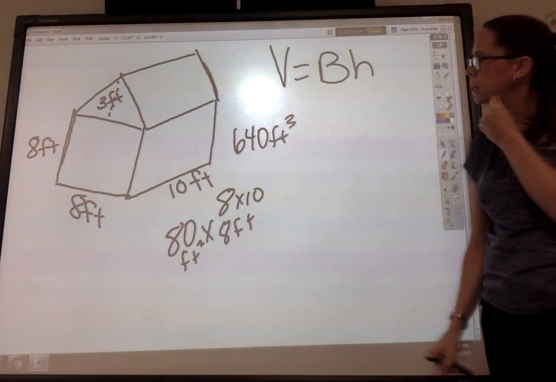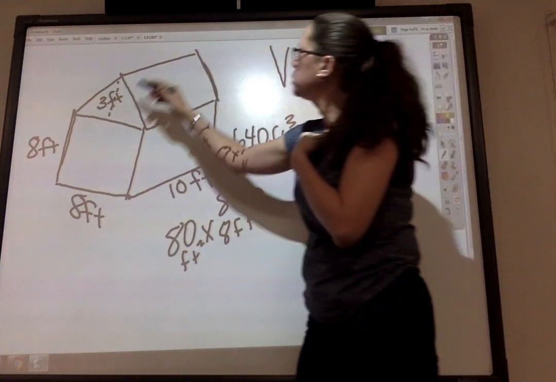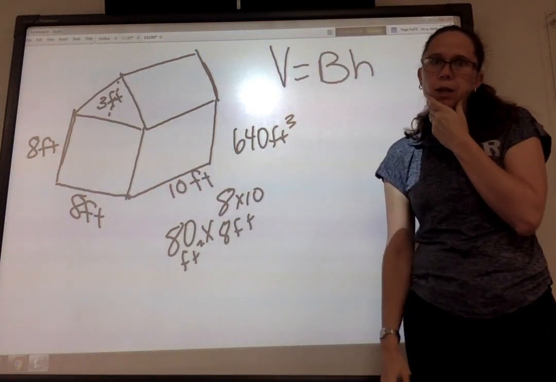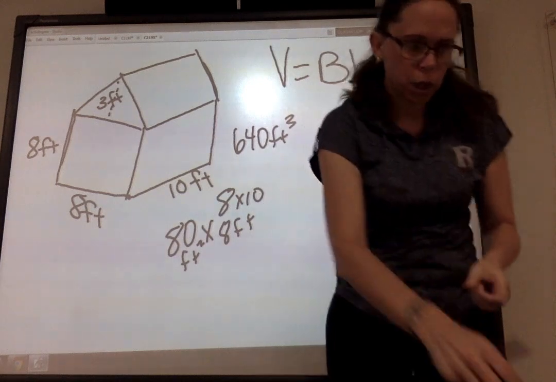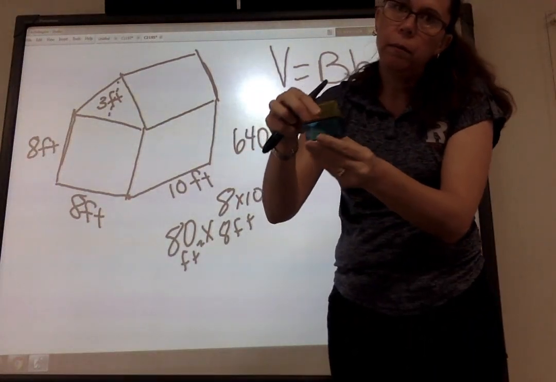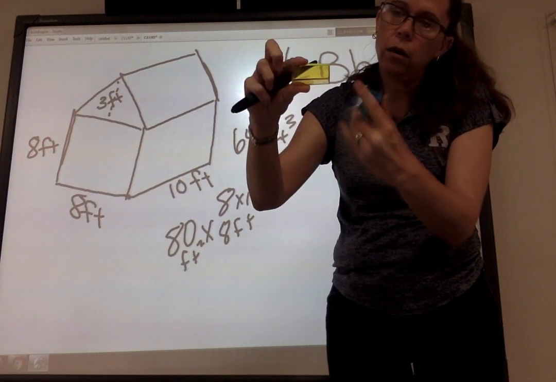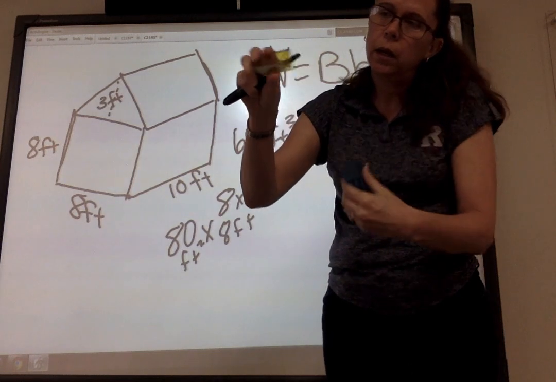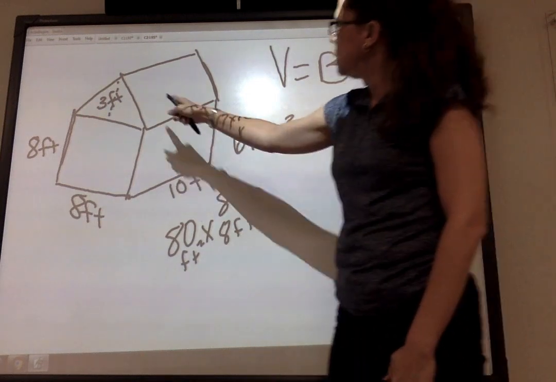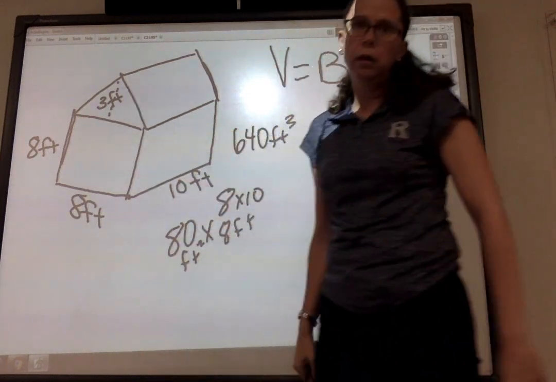Now I got to do the triangular prism. I'm still going to use my same formula, but I have to think about what shape my base is. Well, the roof of our figure is triangular going all the way back, right? So the base of our figure is a triangle on the roof. I got to find area of a triangle.